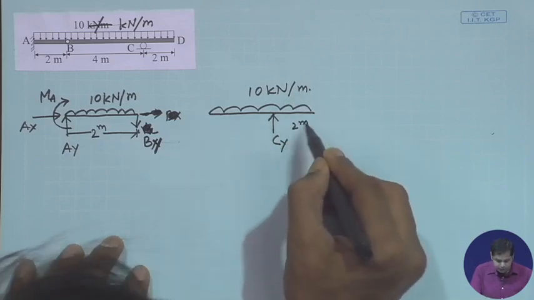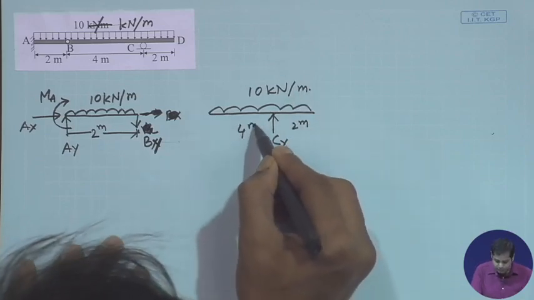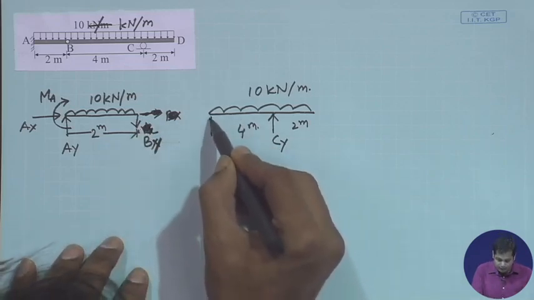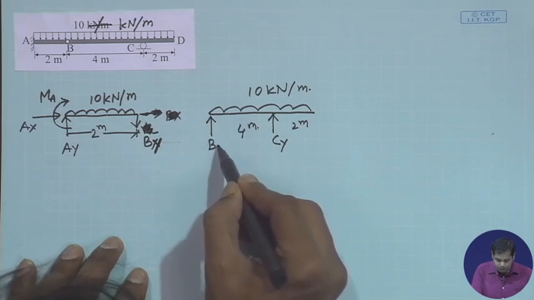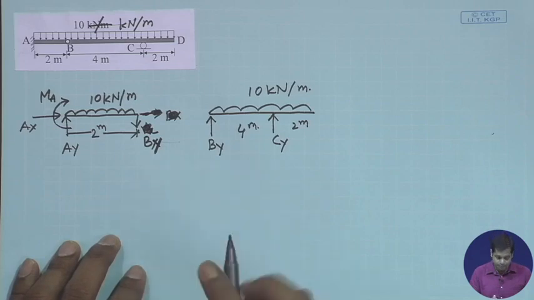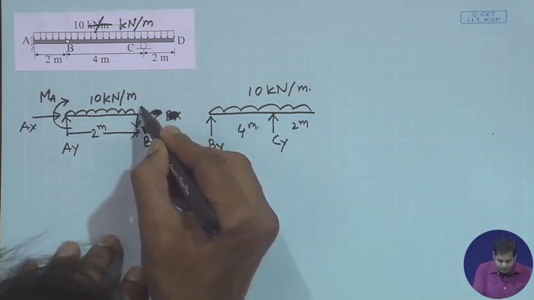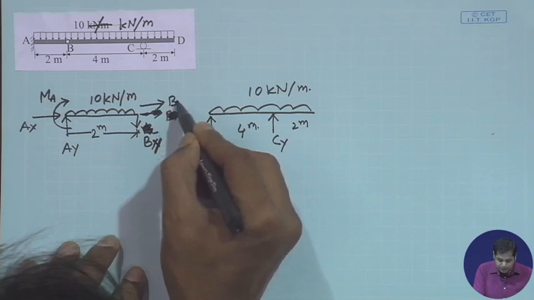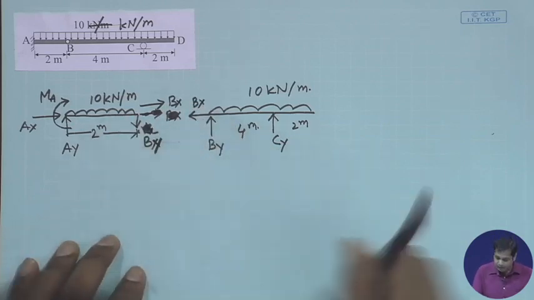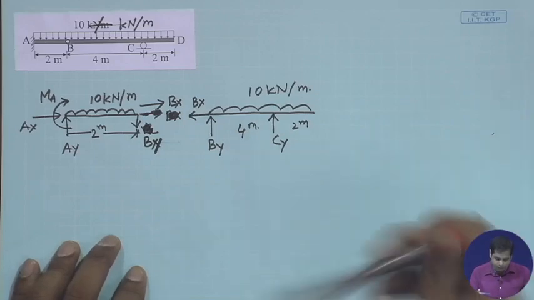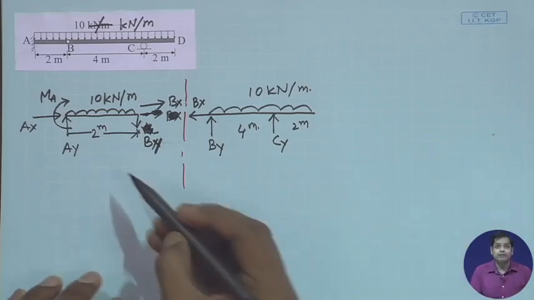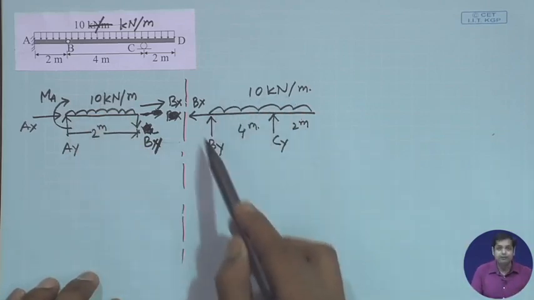This is 2 meter, this is 4 meter, and since Bx and By are shown downward here, we have to show them upward on this part to satisfy equilibrium. So this is the free body diagram of this part, and this is the free body diagram of the other part.